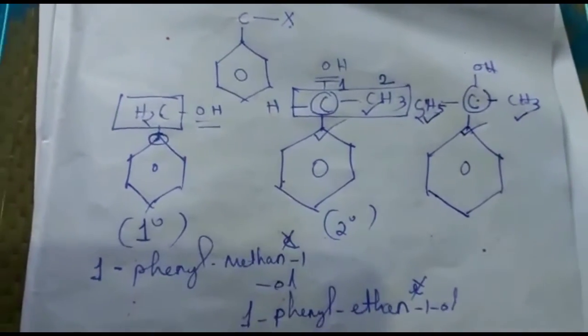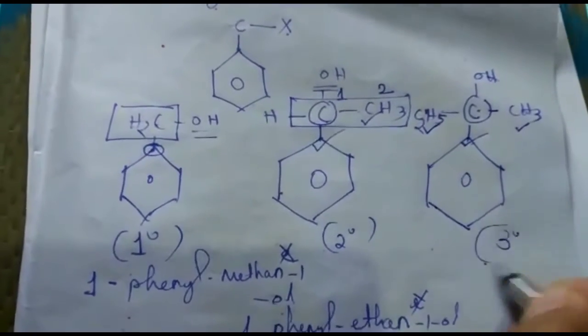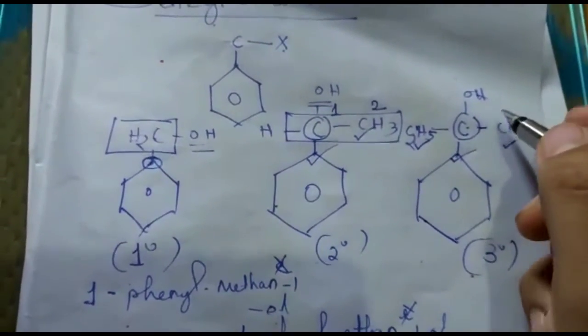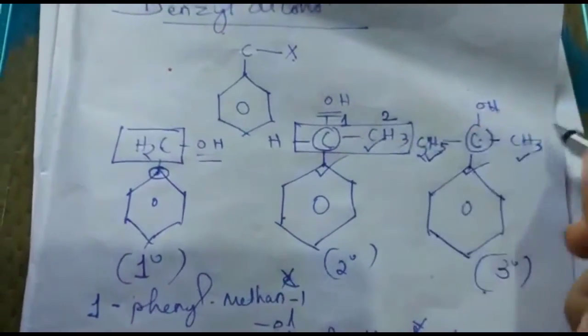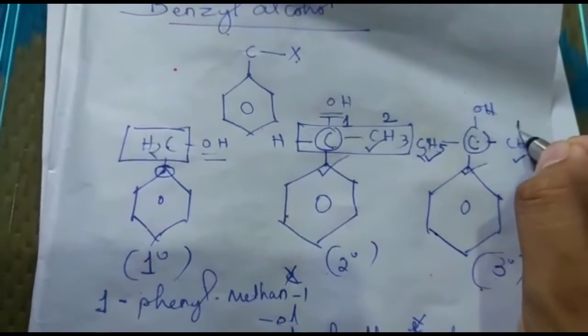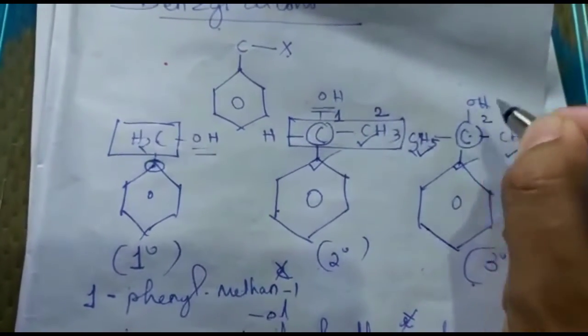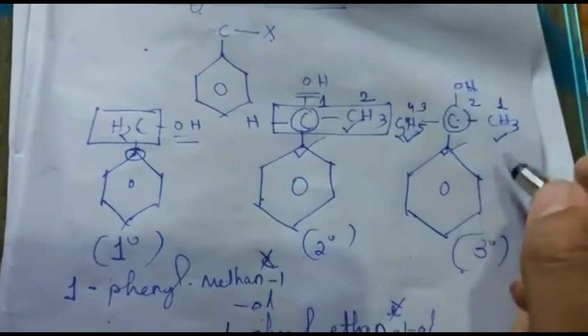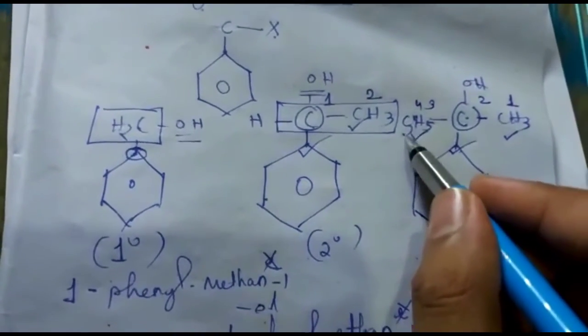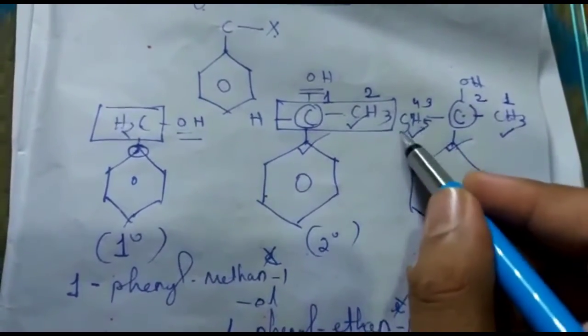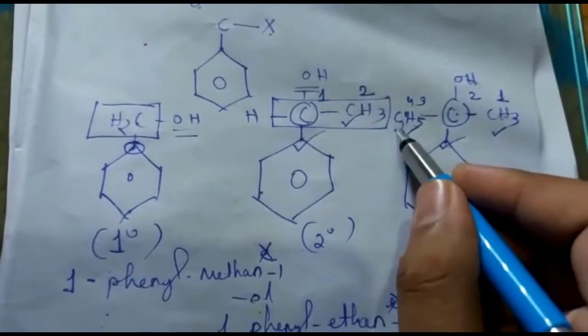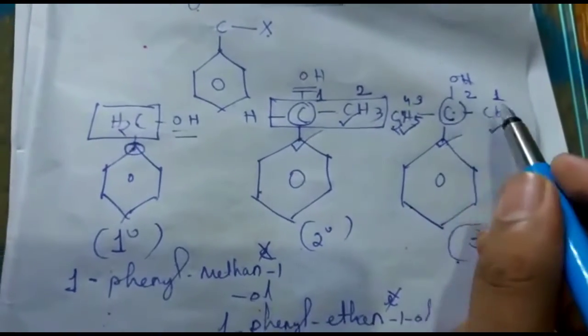In this position 1 carbon is present. So it is 3 degree. Now we have to number this one from any side. We can number from this side, 1, 2, 3, 4.